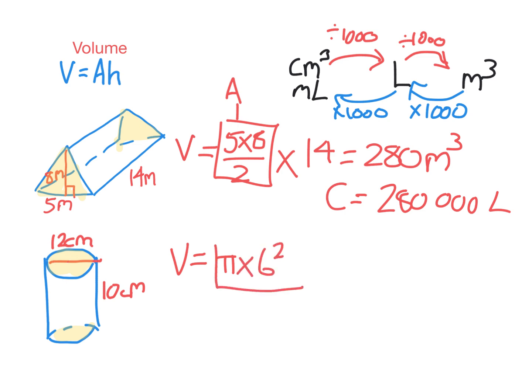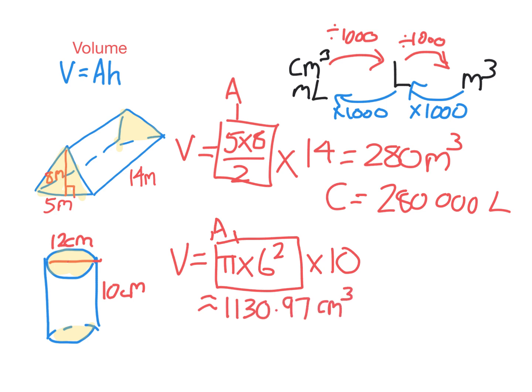So this here is A. This is the area of the circular base. So to find the volume, I take the area of the base and I times by the perpendicular height. The height of the prism is the side perpendicular to the base. So if you put that on your calculator, you get about 1130.97. Because everything was in centimeters, our final answer will be cubic centimeters.